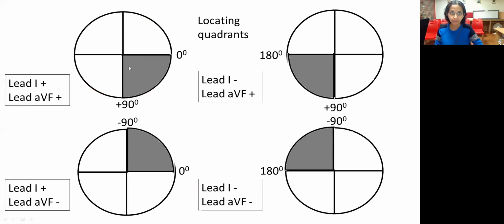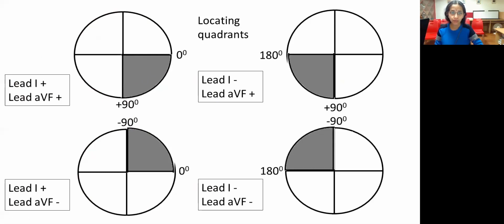And for AVF, this is positive, and hence all positivity will come in this half of the semicircle. And hence, if you lie in this quadrant where lead 1 is positive and AVF is positive, then your axis is between 0 to 90 degrees.